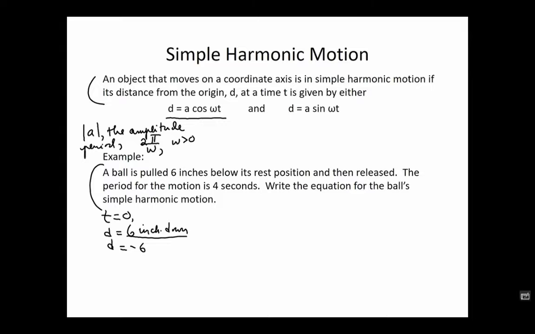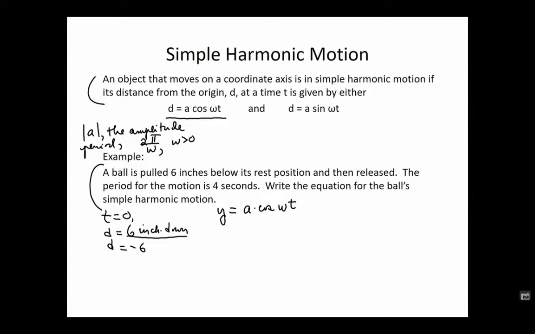So we have d is equal to a times the cosine of omega t. This will model the ball's motion. Let's see what we have here.